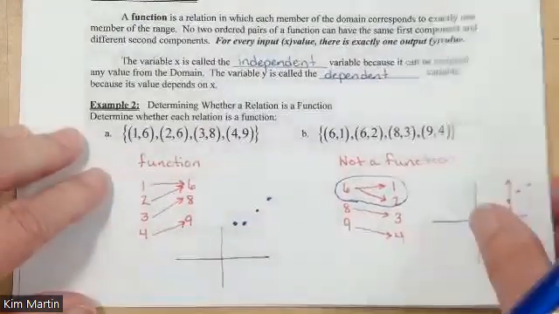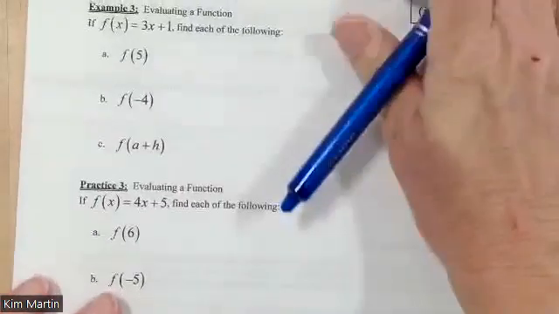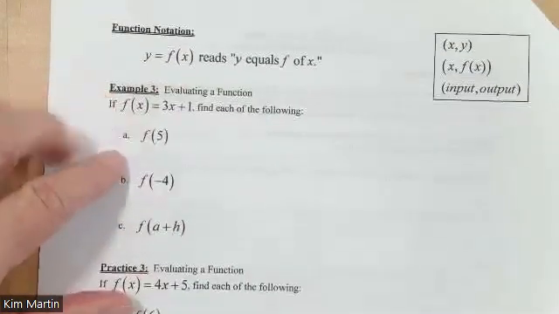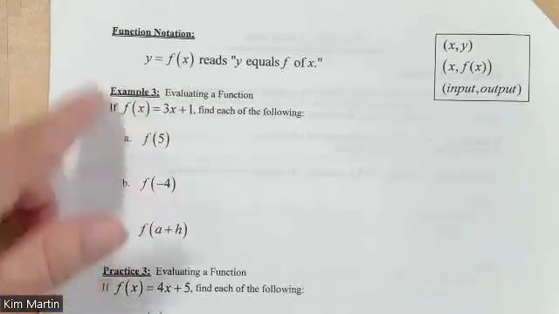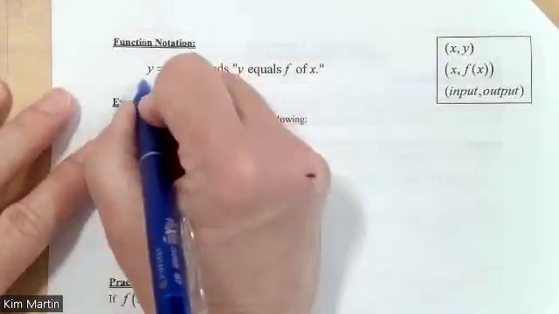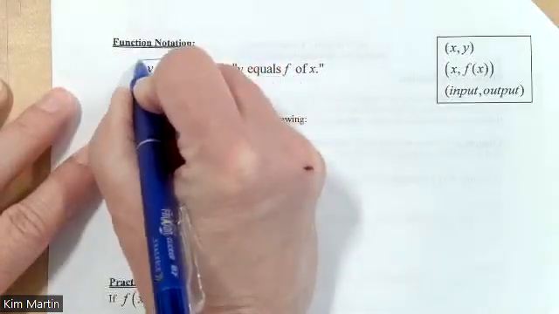I can explain the independent and the dependent. Now, this looks like it's really hard, but it is really easy. What you need to know is these two things are the same thing.